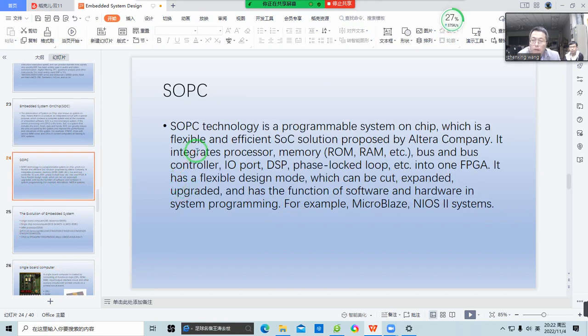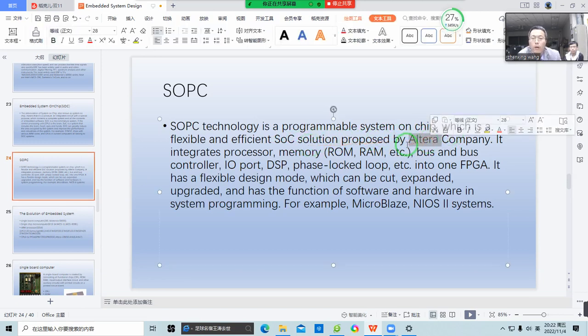Then also SOPC. SOPC technology is a programmable system on chip, which is a flexible and efficient SoC solution proposed by Altera. Right now, Altera has been purchased by Intel, so the name has changed. It integrates processor, memory, bus and bus controller, I/O port, DSP, and PLL, the phase-locked loop.